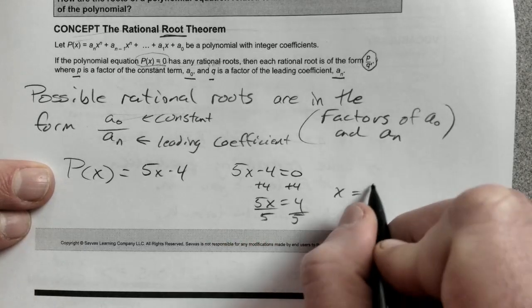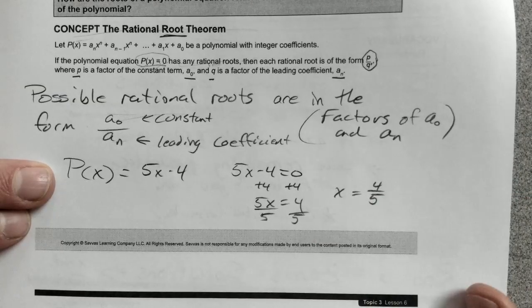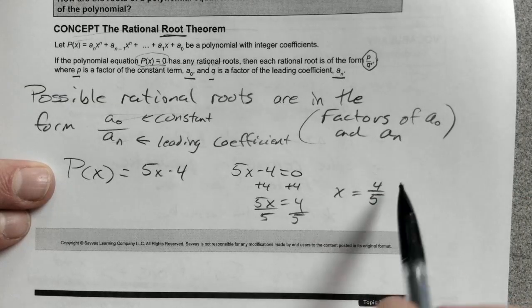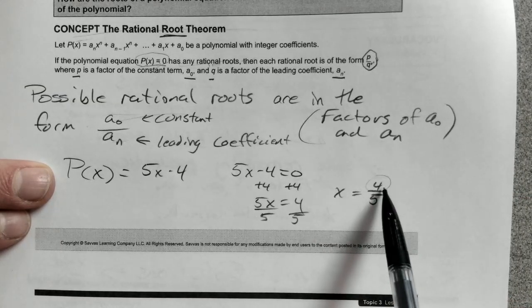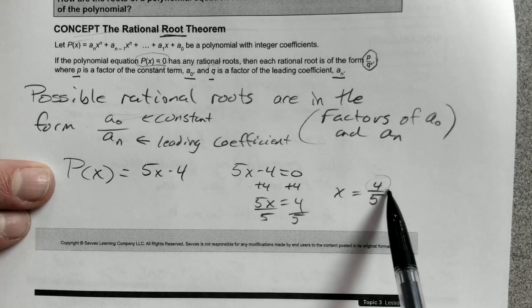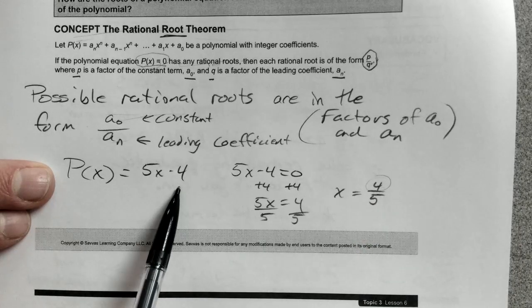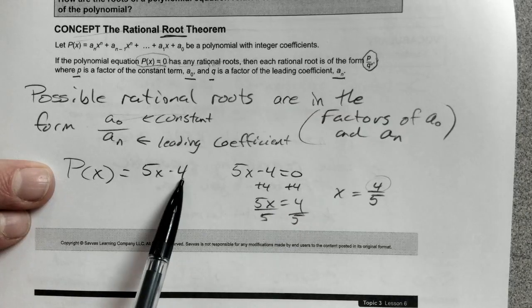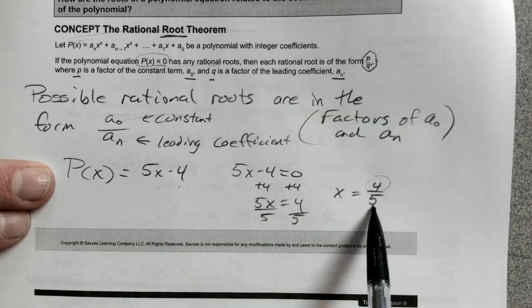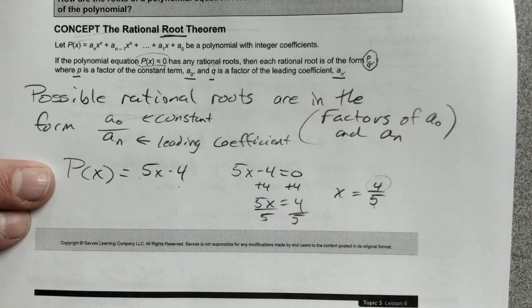So here, x would equal 4/5. Now, where did the 4 come from? Was the 4 the constant or the leading coefficient? Yeah, 4 was the constant. 5 was the leading coefficient, right?